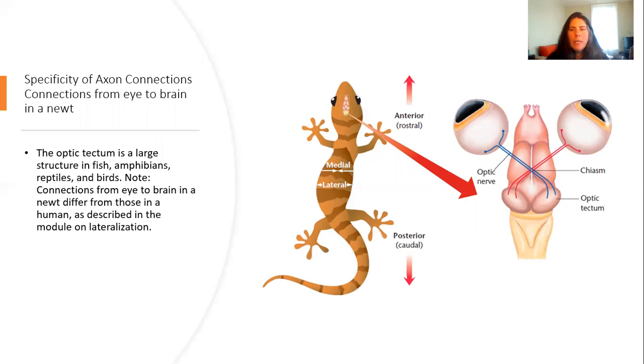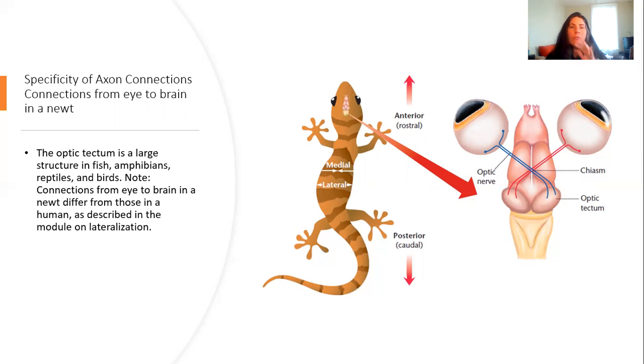So what Sperry did is he severed a portion of the optic nerve, the part that makes contact with the thalamus. Remember, the thalamus is the sensory relay station. It is the site of reception of sensory information before being sent to the cortex.